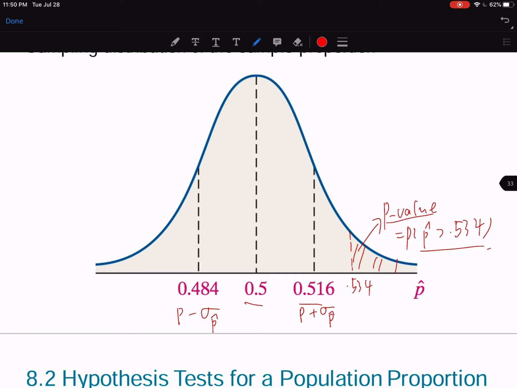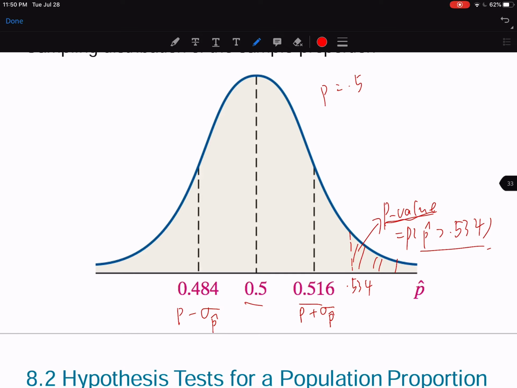So if this probability is too low, that means the probability is too low to draw a sample with a sample proportion of 0.534 or more extreme from a population with a population proportion of 0.5.